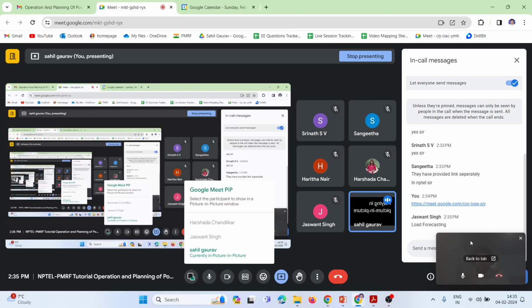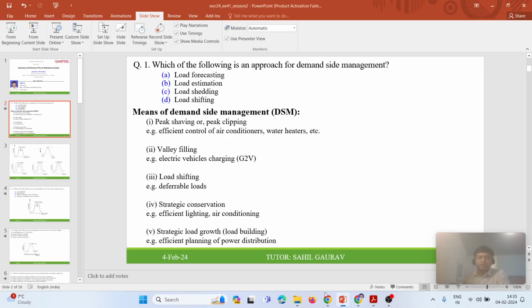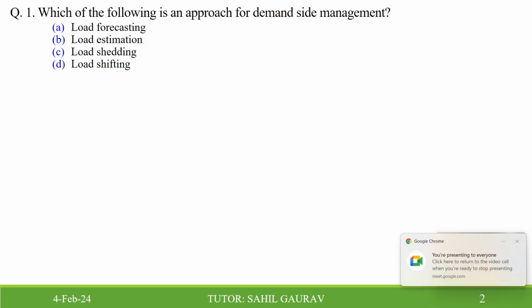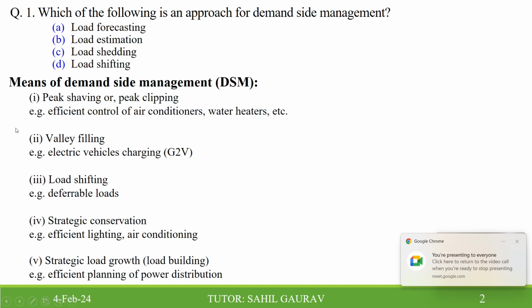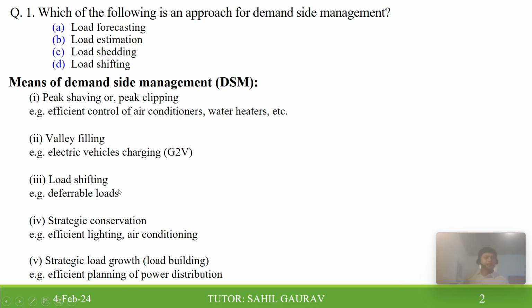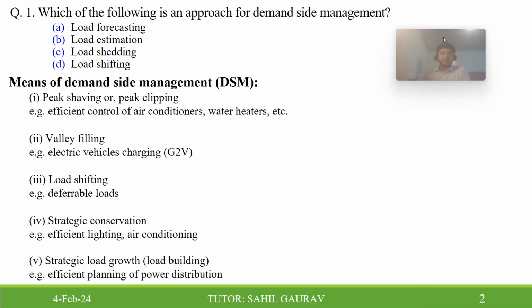Someone is saying load forecasting. No, it is wrong. If you see demand side management, there are five types. The first one is peak saving or peak clipping, the second is valley filling, the third is load shifting, the fourth is strategic conservation, and the fifth is strategic load growth or load building.